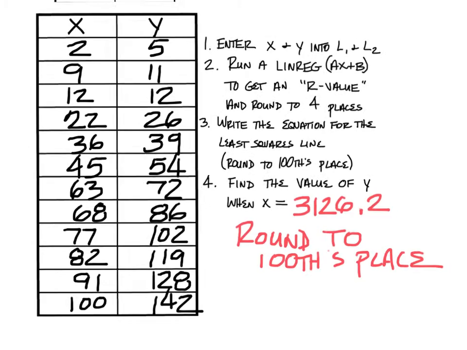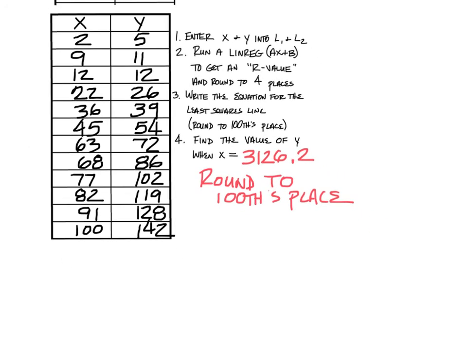For this problem, all the data has been entered in, and when I go to Stat, Calc, Linreg, AX plus B, and do L1, L2, and enter the equation into Y1, I come back with an R value that is going to be 0.9920.